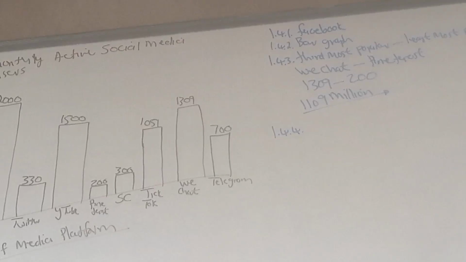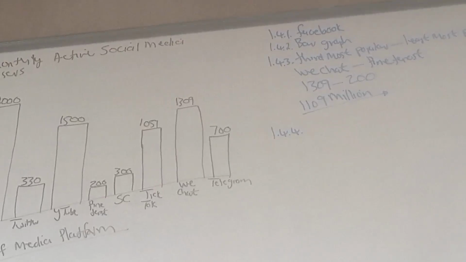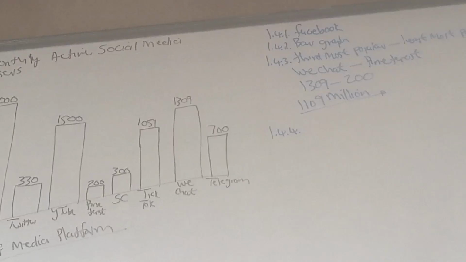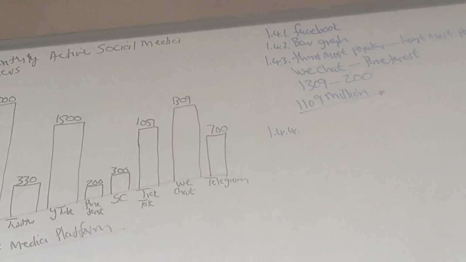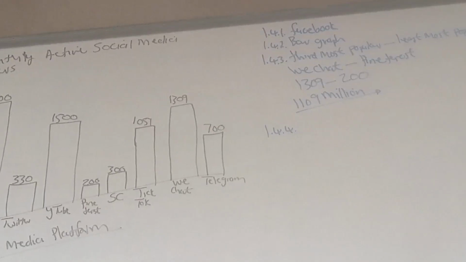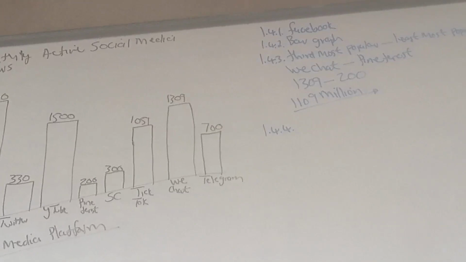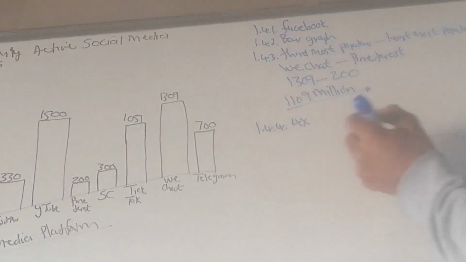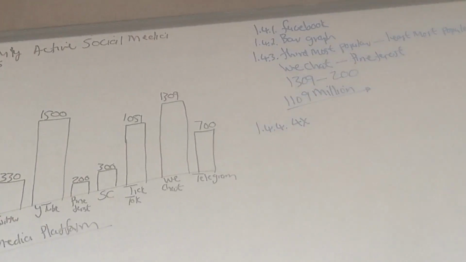Name the social media platform that has 4 times more active monthly users than the least popular platform. Now the language here: 4 times more active monthly users than the least popular platform.